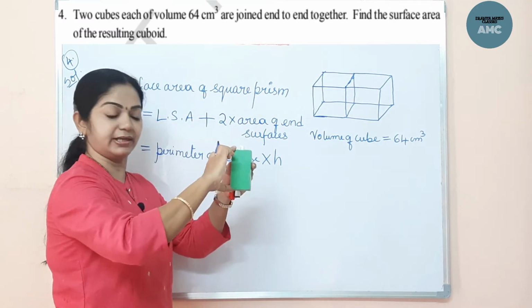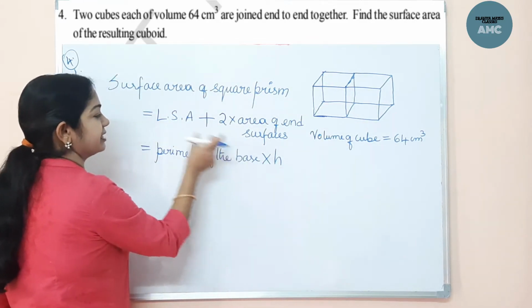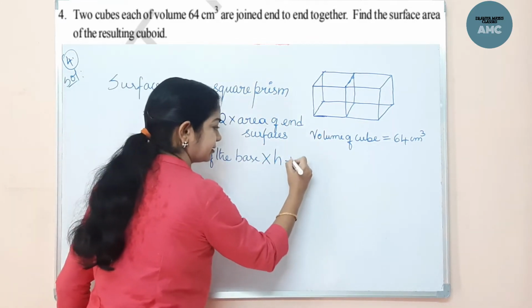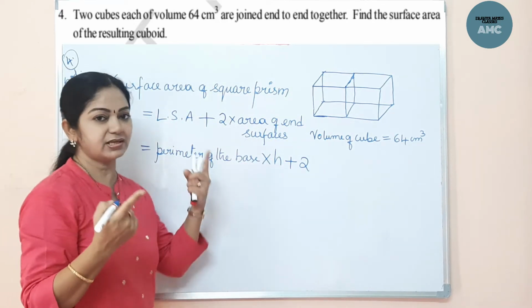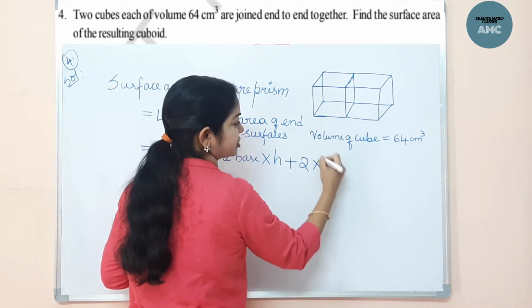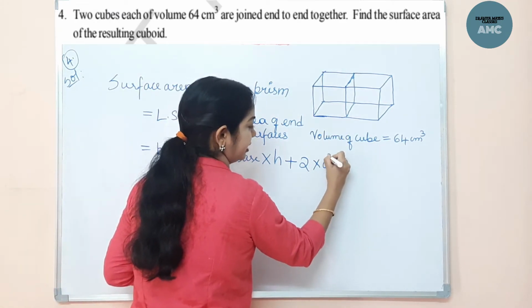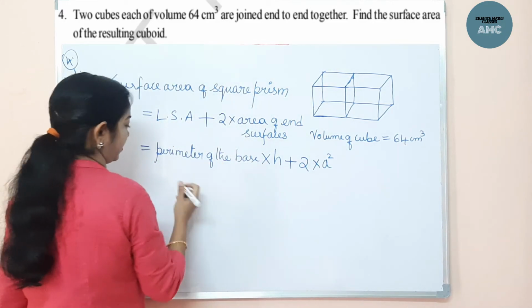Perimeter into height. Plus 2 into the area of the end surfaces. End surfaces are squares, so 2 into the area of the squares. The area of a square, if A is the side, is A square, or S square we can write.